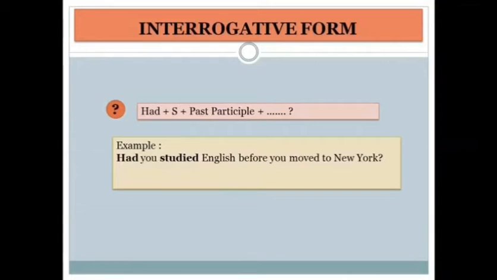Let's have a look at the past perfect in question or interrogative form. So had plus subject plus past participle. For example, had you studied English before you moved to New York?